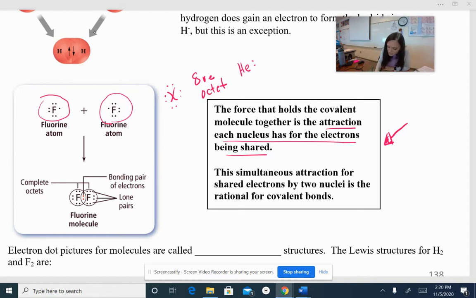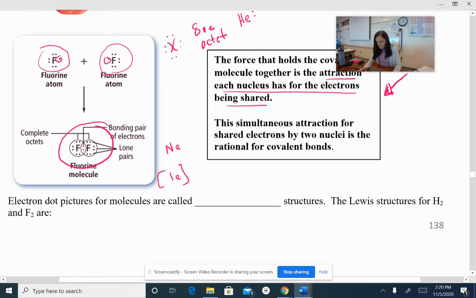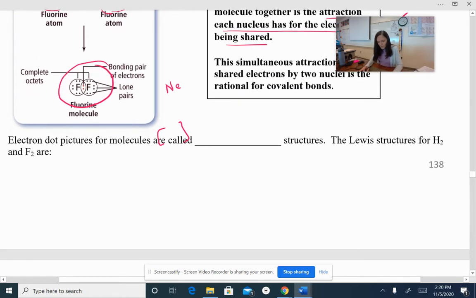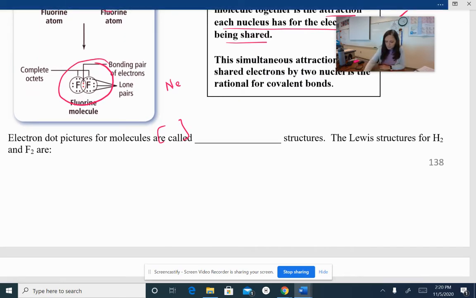So if I can share this electron with this electron and overlap, fluorine will have 8 valence electrons, both of them, for at least part of the time. And that gives us the noble gas configuration of neon, which is more stable. Okay? All right, electron dot pictures.